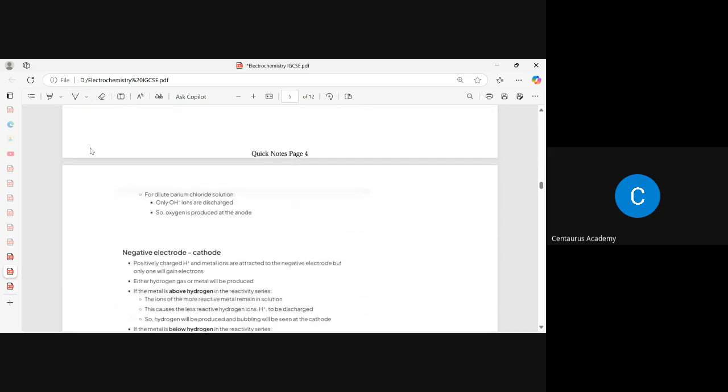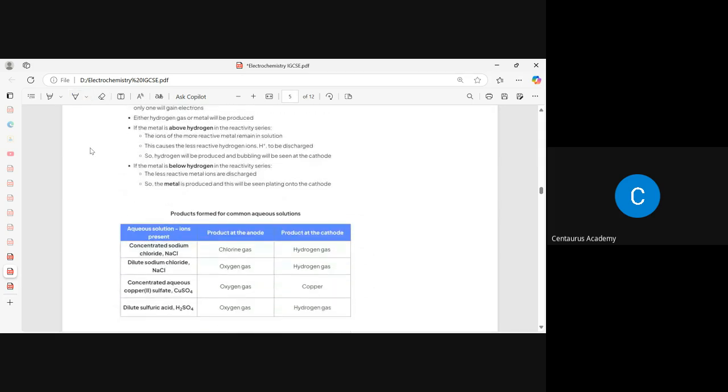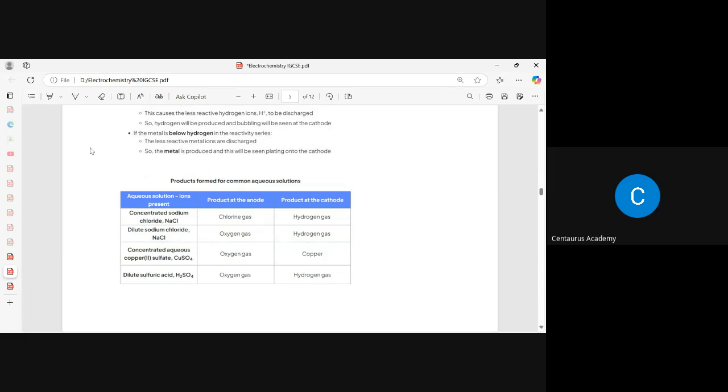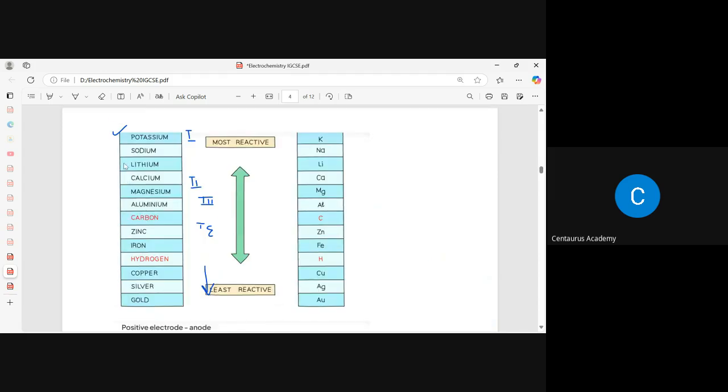Moving on to the cations, the less reactive ones are always deposited onto the cathode. Look into this one. Supposing you have hydrogen ions within the electrolyte and you have copper ions within the electrolyte.